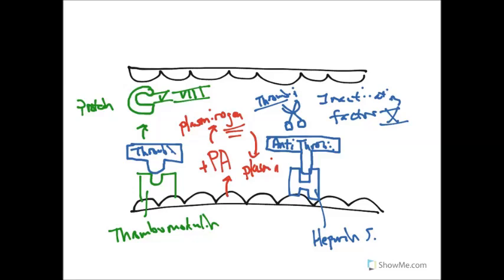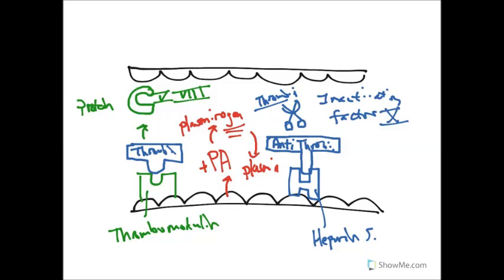So what does plasmin do? Plasmin is going to break the clots. It is involved in the clot retraction, the breakdown of the clot.